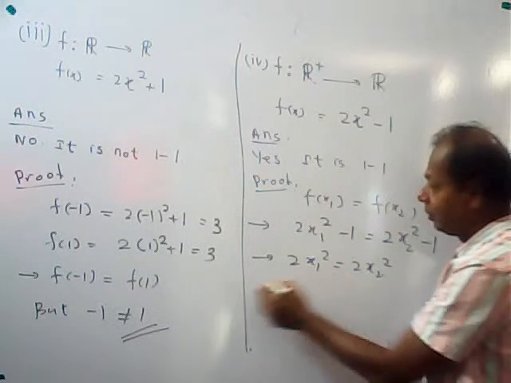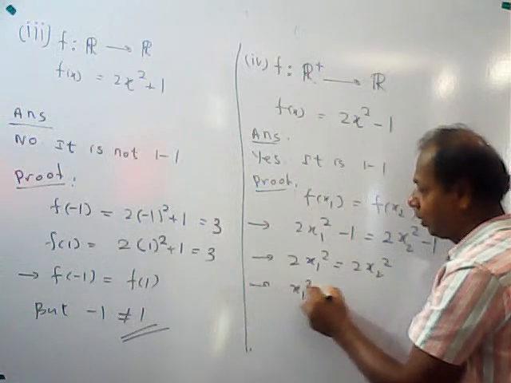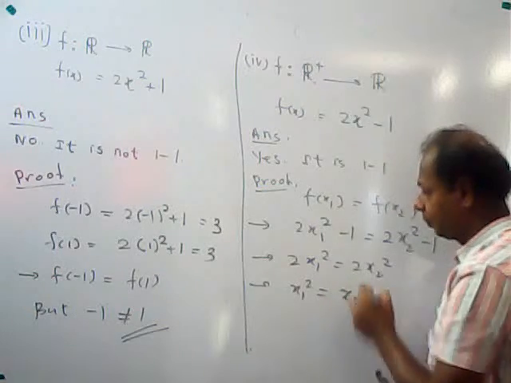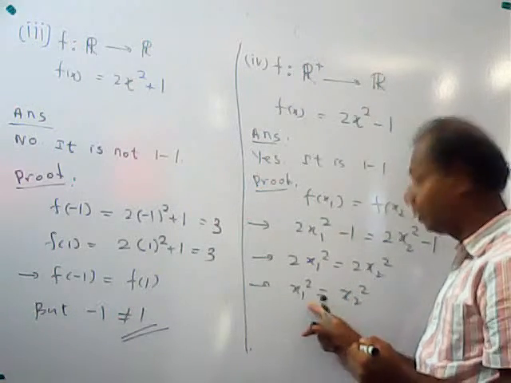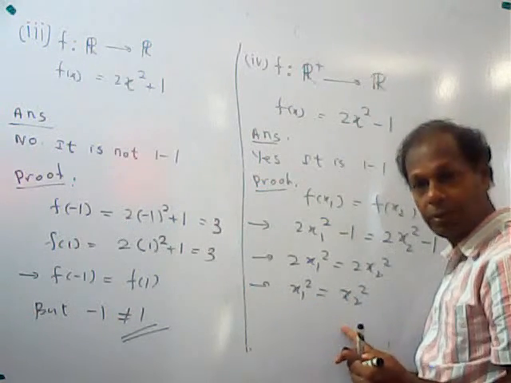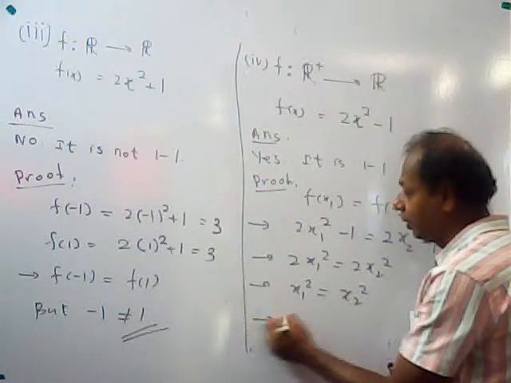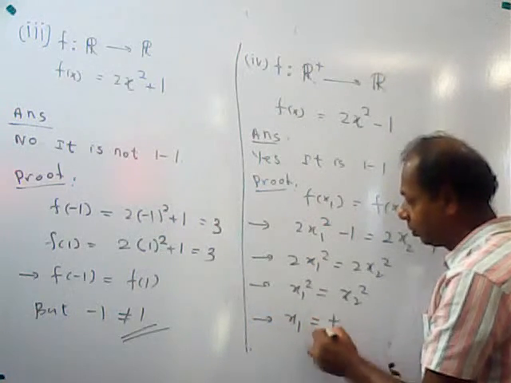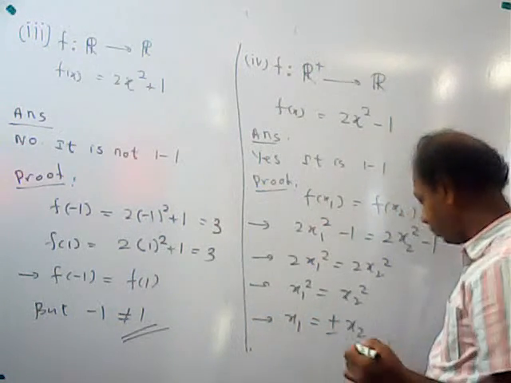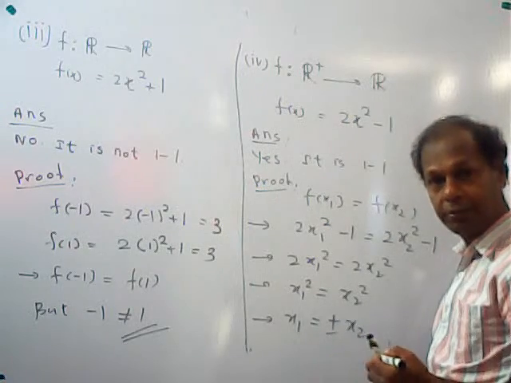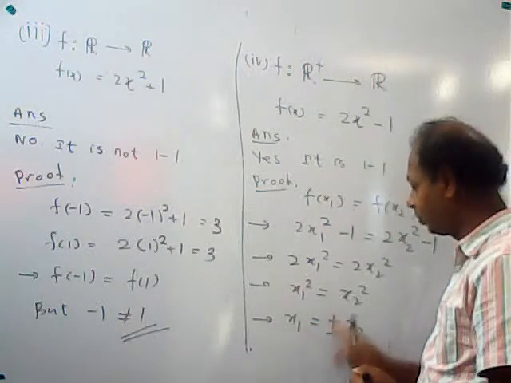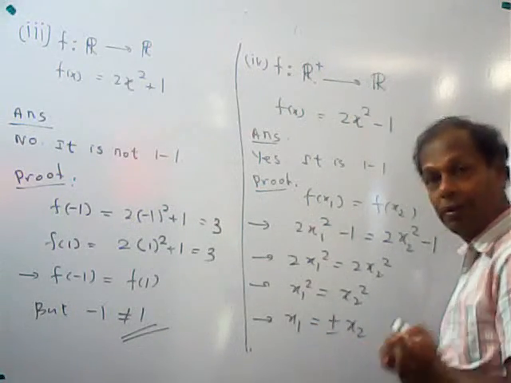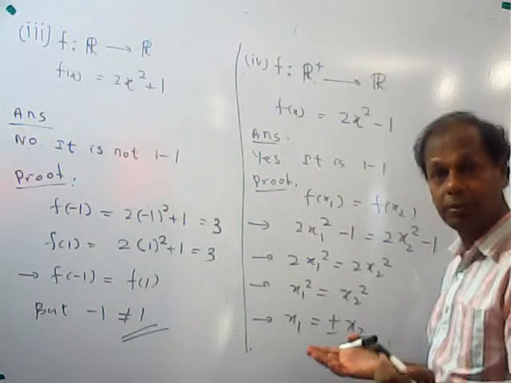So this implies x1 squared equals x2 squared. But when you get x1 squared equals x2 squared, generally you have to write x1 equals plus or minus x2. Generally, this is what you get, right? It looks like it's not 1 to 1.